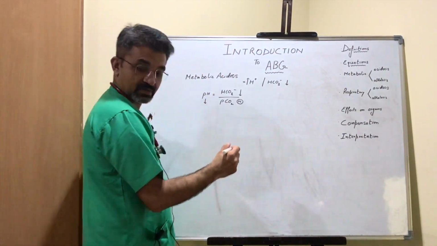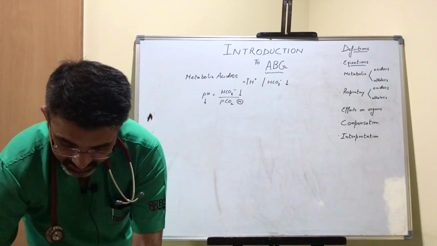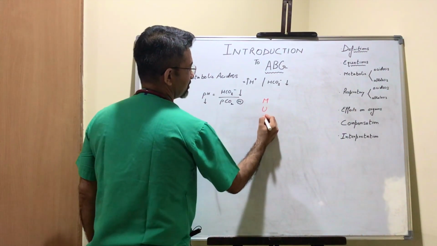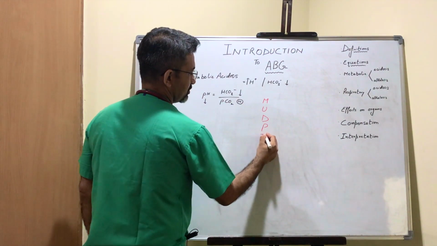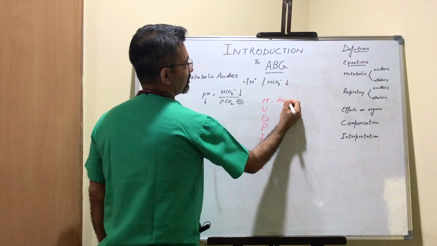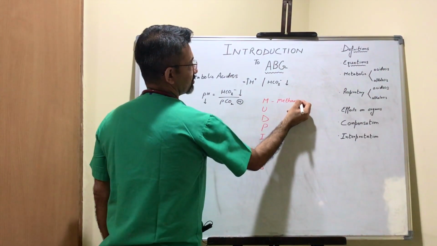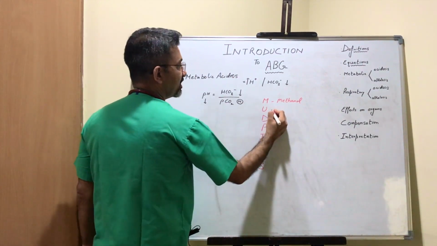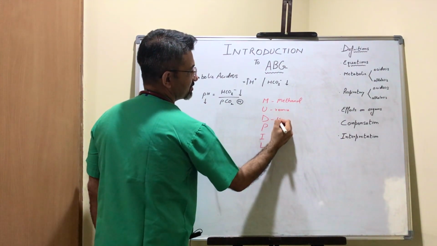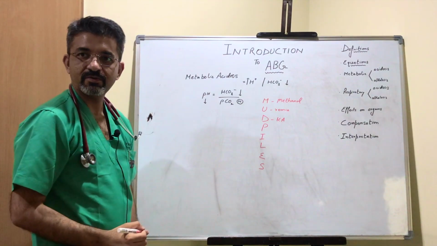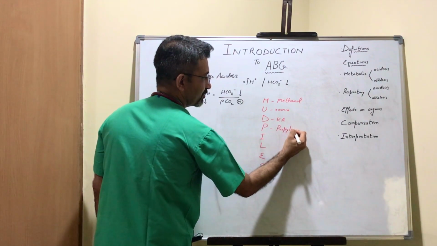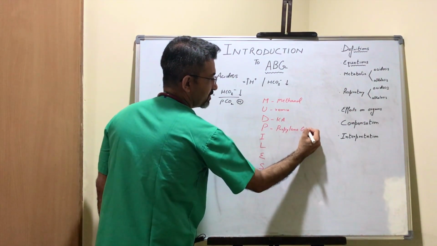So what are the causes? The causes of metabolic acidosis can be remembered by a mnemonic known as MUDPILES. You must have heard this. M is methanol ingestion or methanol poisoning. U is uremia. D is diabetic ketoacidosis. P is propylene glycol, antifreeze, which is used in our cars.